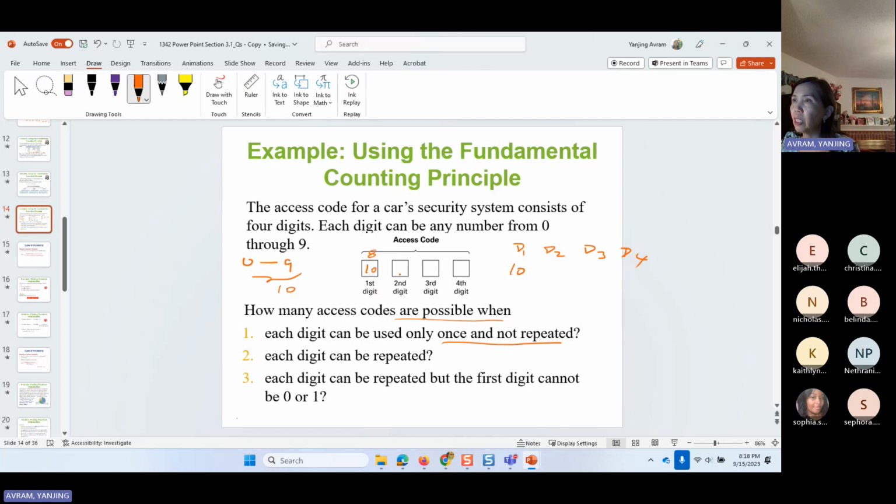How many are left for the second digit? It will be 9, because the number 8 is out, so you can choose from 0 to 7 and 9. So the total is 9. If I choose the second digit as 1, now for the third digit I cannot choose 8 and I cannot choose 1. So how many digits are left for the third one?